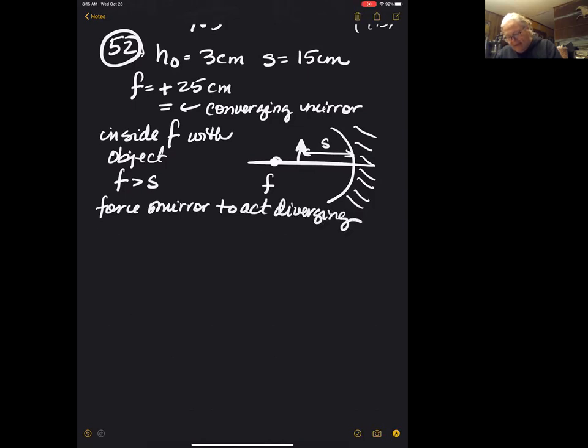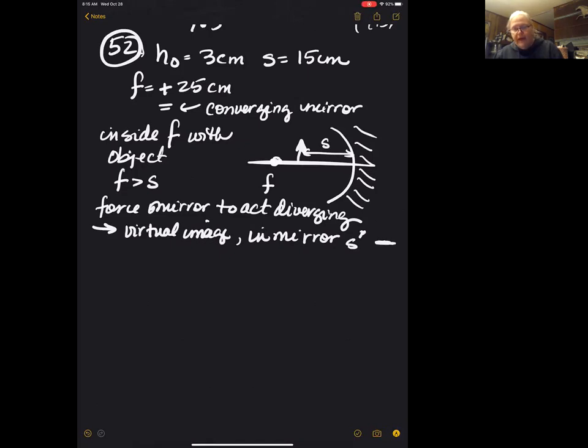Okay, so what that means is if you look at the notes, I'm going to have a virtual image because the light rays will diverge, so they won't actually cross. And that means that the image is going to form in the mirror or behind the mirror, whatever you want to say. So that tells me that S prime is going to be a negative number.